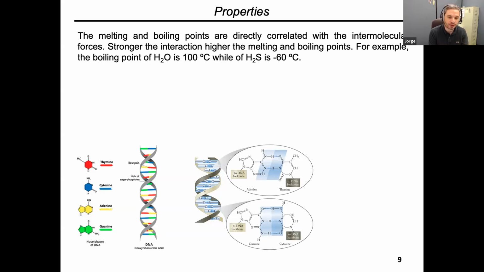Oxygen and sulfur belong to the same group in the periodic table. They have the same molecular geometry. However, water has a higher boiling point than H2S. What's the reason for that?